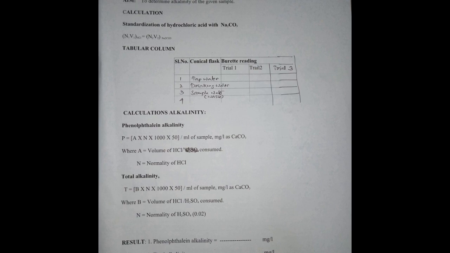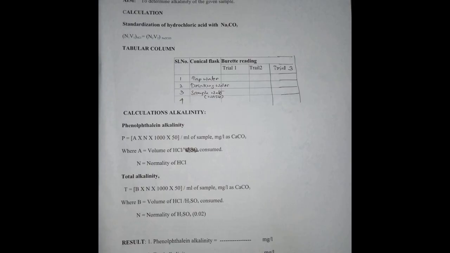So let us see how to find out the alkalinity of a given sample. There are two alkalinities you have to find out: one is phenolphthalein alkalinity, another is total alkalinity. Whatever sample you have taken, you have to titrate against the hydrochloric acid.